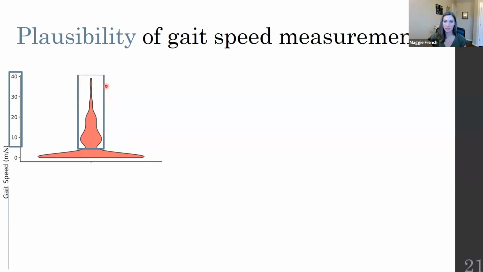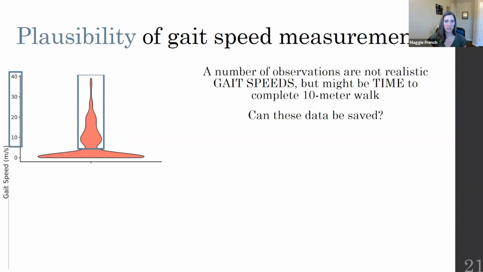And so there's definitely something wrong with the plausibility of this data. What's probably happening here is that we have clinicians entering gait speed, which is represented by this chunk here. And then we have other clinicians that are actually entering the time it took patients to walk 10 meters. And so this is really problematic because we have two different units on the same data field.